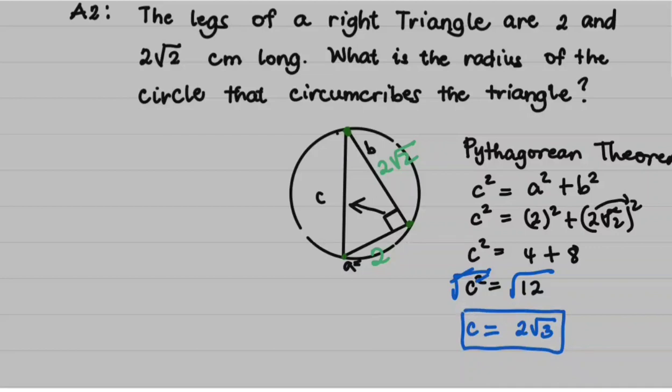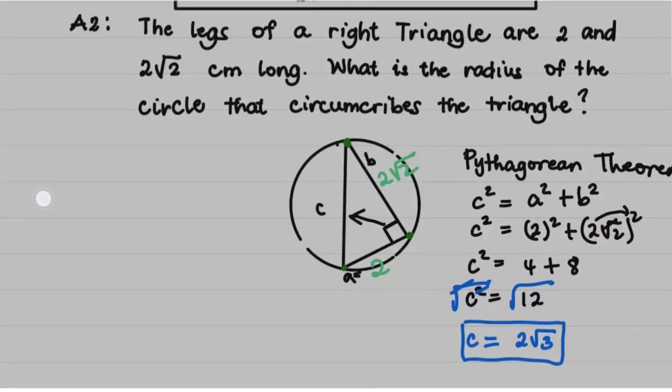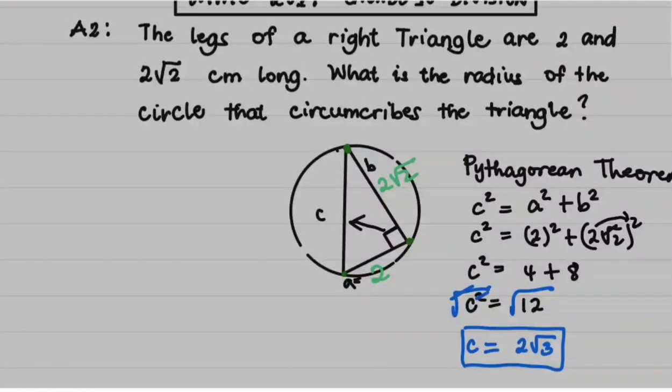Since the value of c is 2 square root of 3, what will be our radius? We're asking for the radius of the circle. Our longest side here is the diameter, so that's the longest chord.